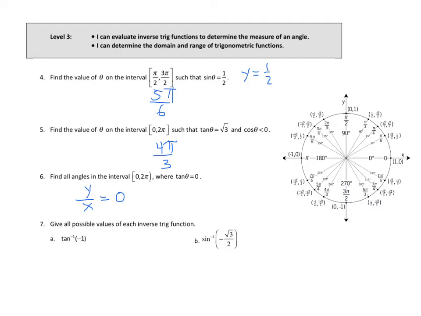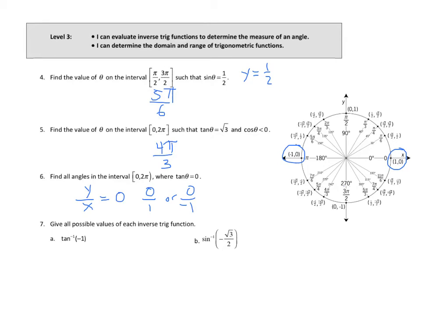So we could have either 0 over 1 or 0 over negative 1. We would get a y value of 0 and an x value of 1 when theta equals 0. And then also at pi, y over x would be 0 over negative 1.